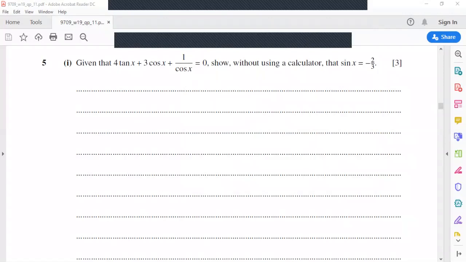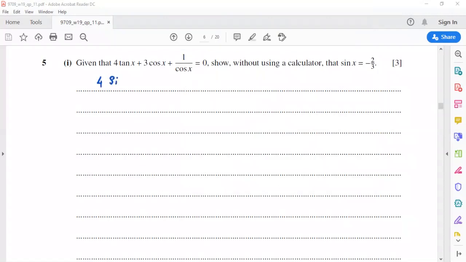So what we are going to do here is change tan x to sin over cos. So it is 4 as it is, sin x divided by cos x, plus 3 cos x plus 1 over cos x, and this is equal to 0.